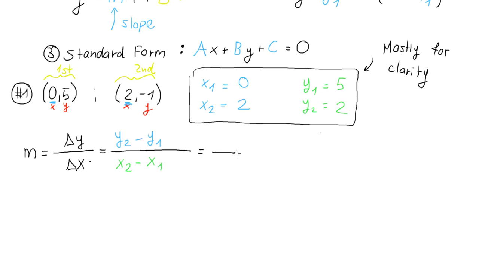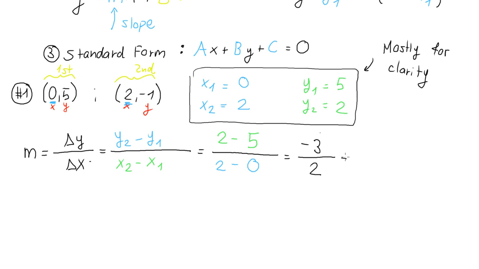Now we plug in the numbers, which we have. I see that I reversed the colors, so I'll reverse them back. So y is green. We have minus 1 minus 5 divided by 2 minus 0. So the numerator is minus 6, the denominator is 2.